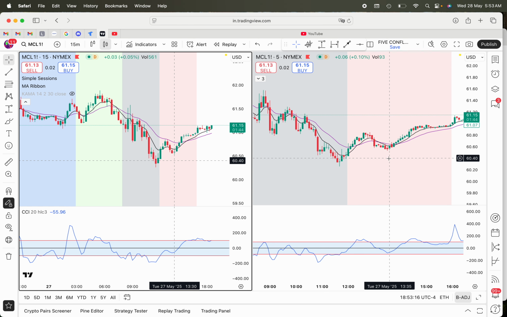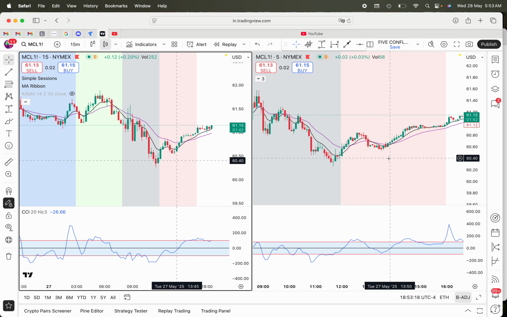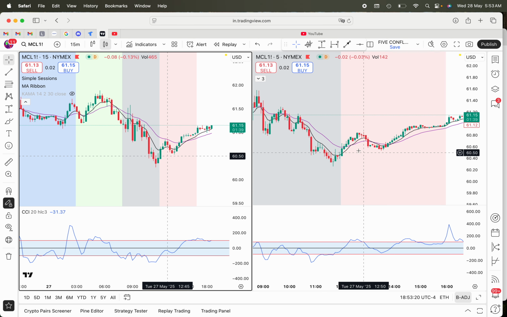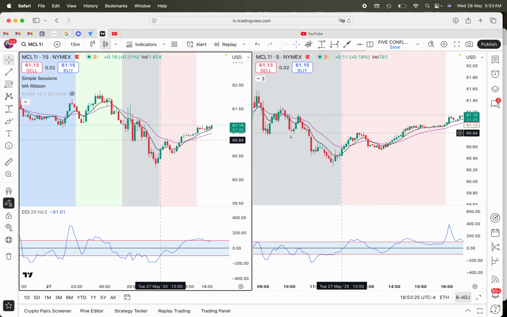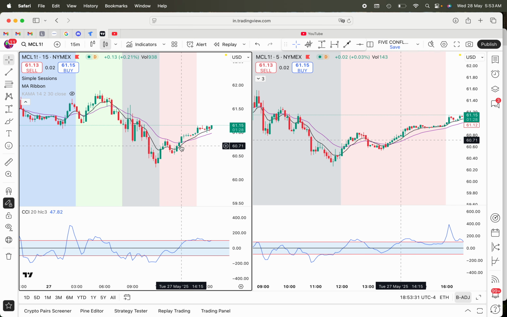So you just have to use your discretion and your experience to be able to read both of these charts, because they are both independent time charts, although they are tied in because they're all moving price, but they're still independent time charts.